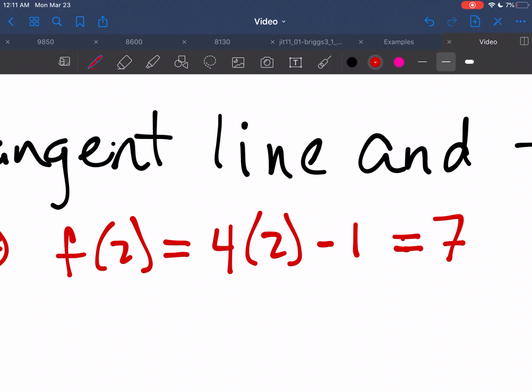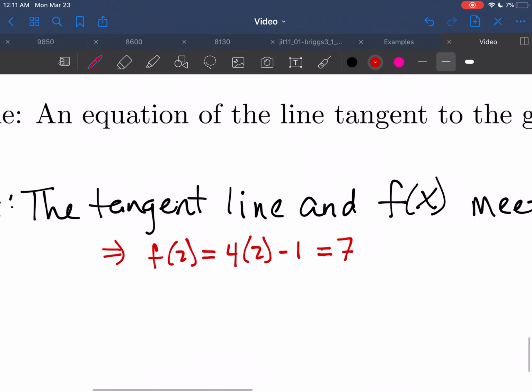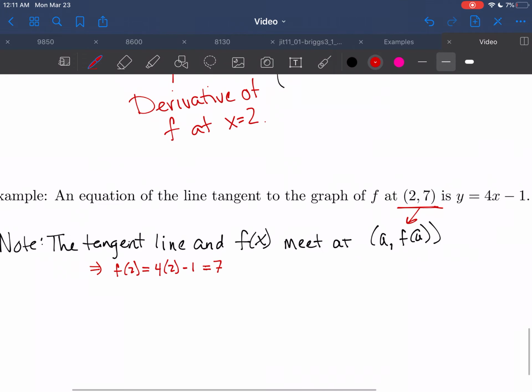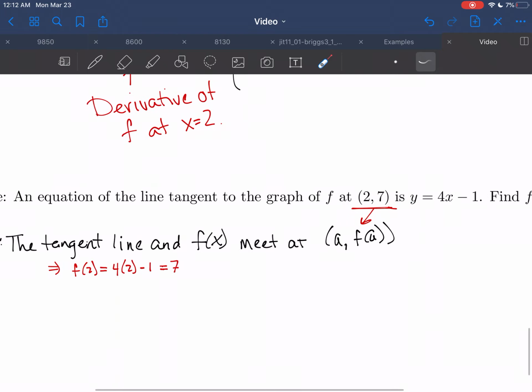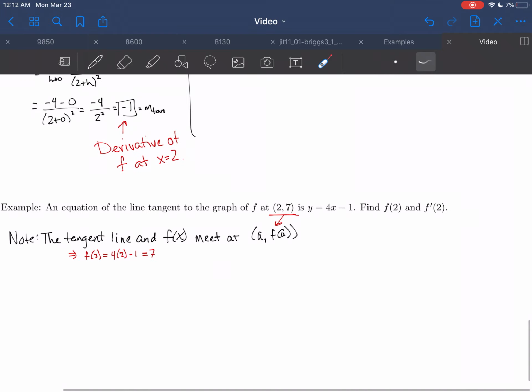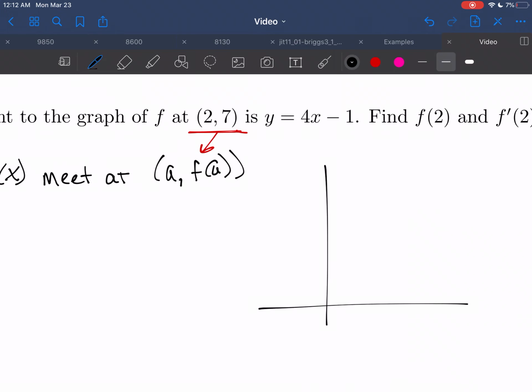Okay. So we know that f of 2 is equal to 7, one, because they told us, but also because if I've got some function, and a line tangent at this point, let's say that's (2, 7).